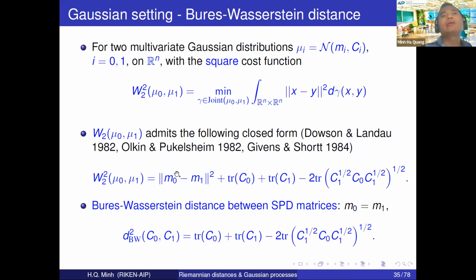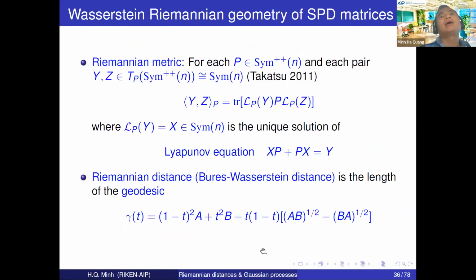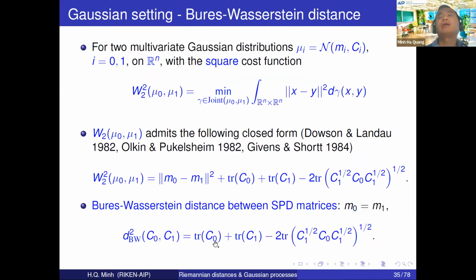In the case when the means are the same, we have what is called the Bures-Wasserstein distance between SPD matrices. It's given by this formula here, and it has also been studied a lot in quantum information theory to measure the fidelity between two quantum states. In quantum information theory, we have the density matrices, which are SPD matrices with the trace equal to 1.